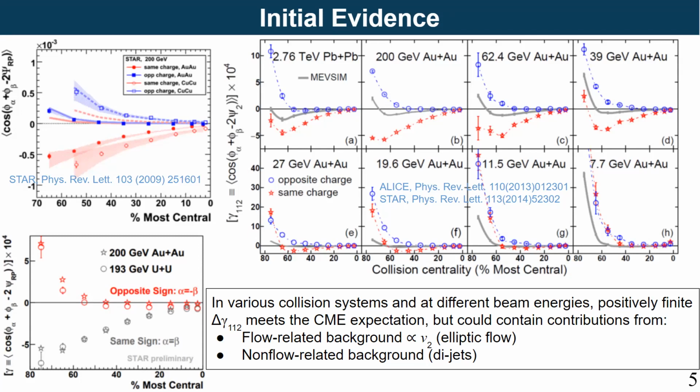You see opposite sign is above the same sign. That means if you take a difference, you see a positive finite signal, indicating charge separation. Also uranium looks almost like gold. Probably it's like a bigger gold, with a similar charge separation signal.